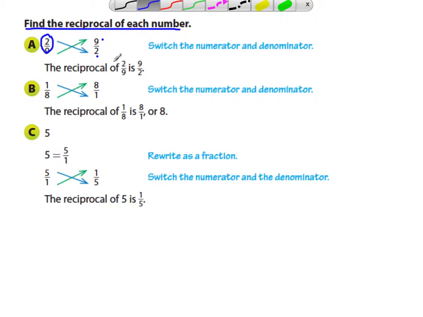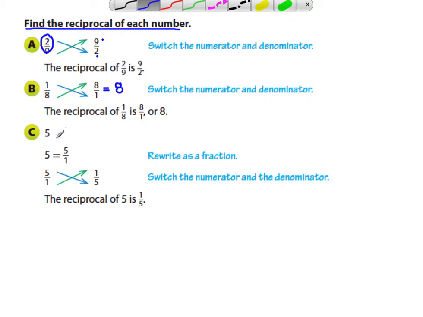So the reciprocal of 2/9 is 9/2. We can do the same thing with 1/8. We find the reciprocal by switching the numerator and the denominator. So the 1 goes down to the bottom, 8 comes up to the top, and 8/1 is the same as 8. And then down here it even says the reciprocal of 1/8 is 8 over 1, or 8.